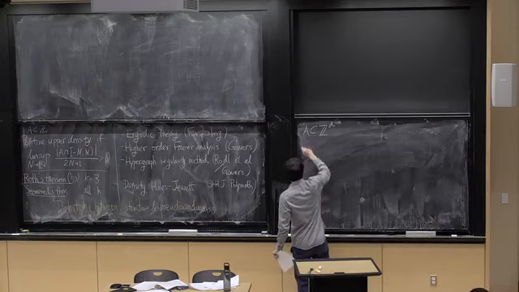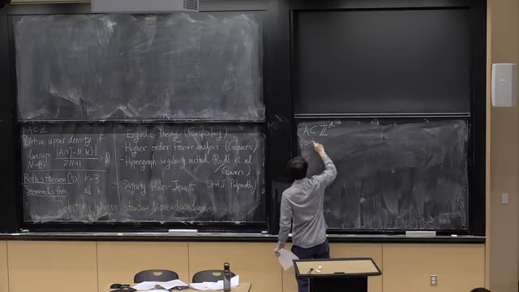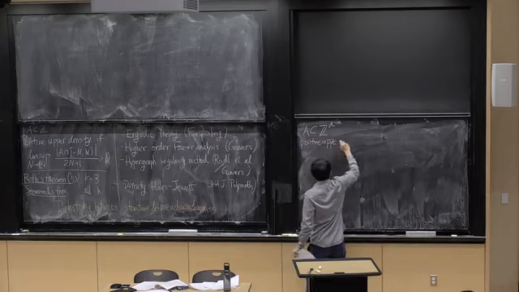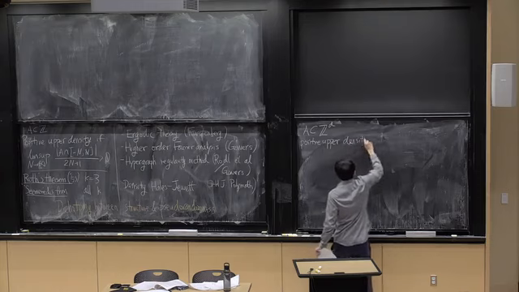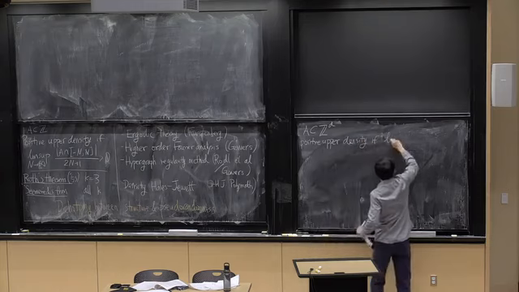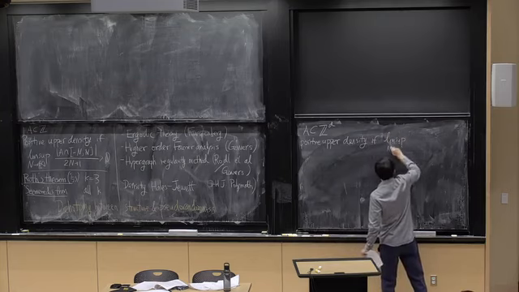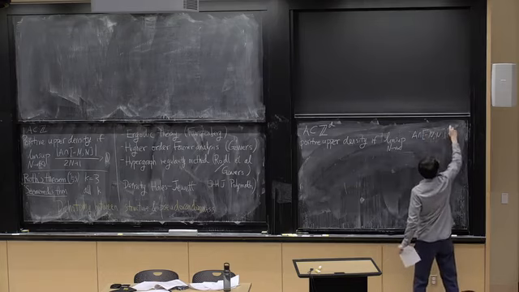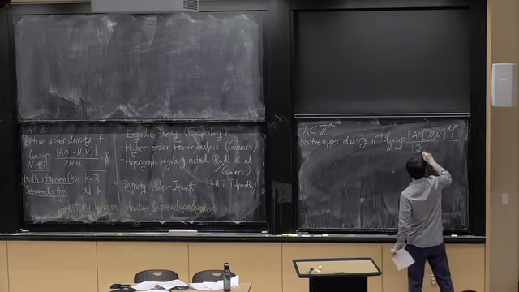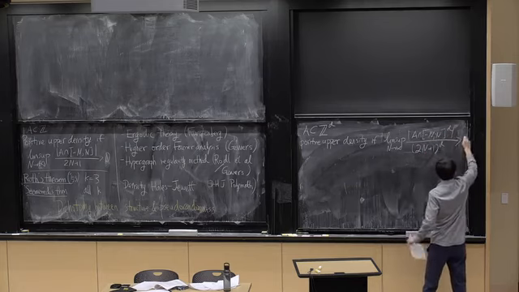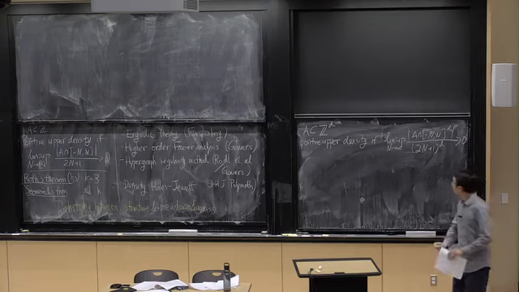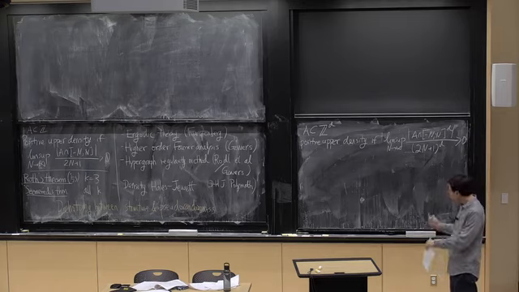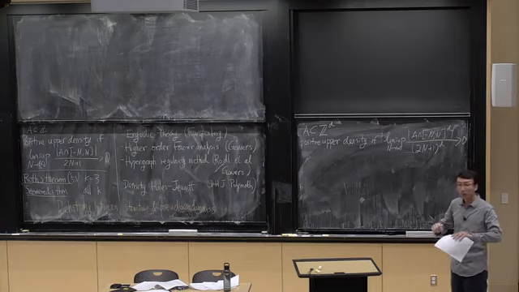For example, we can say that it has positive upper density if this lim sup is positive. Szemerédi's theorem in one dimension tells us that if you have some set of positive density, then I can find arbitrarily long arithmetic progressions.